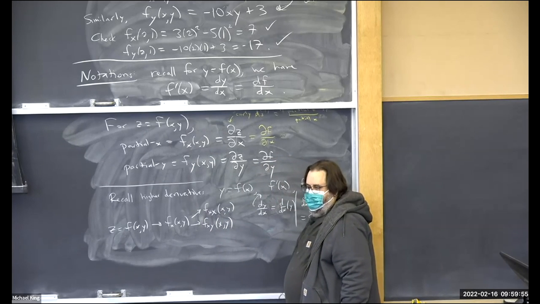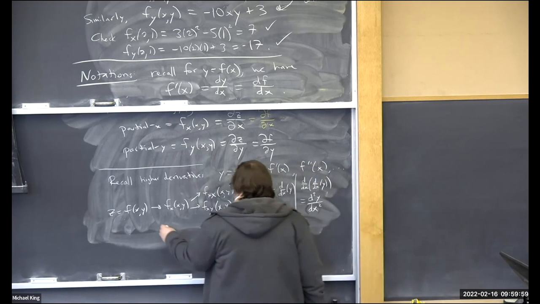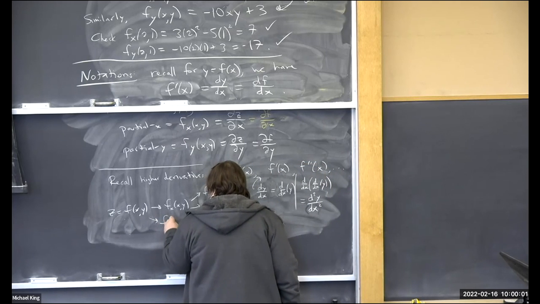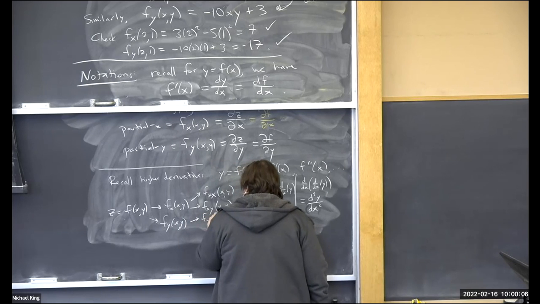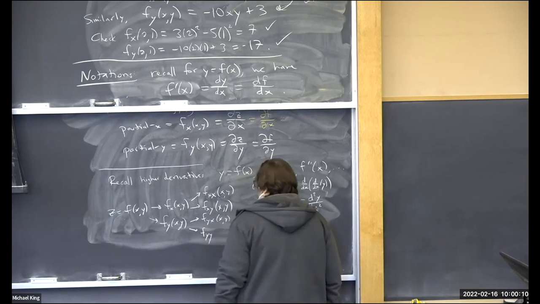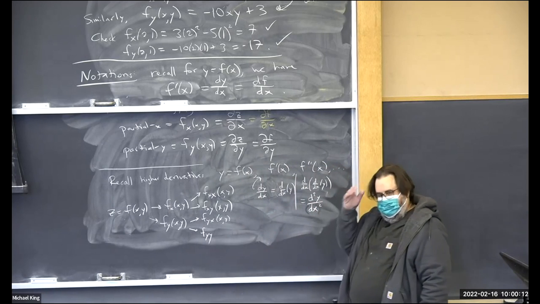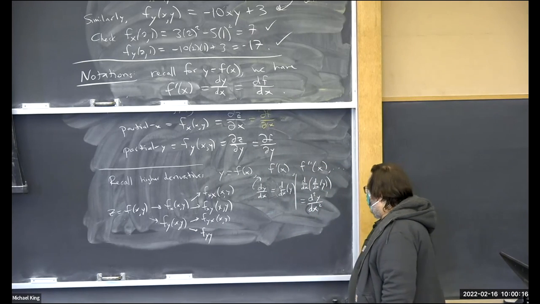I could differentiate with respect to x and then with respect to y, or differentiate with respect to y and then with respect to x. Or I could do fyy, differentiate twice with respect to y.